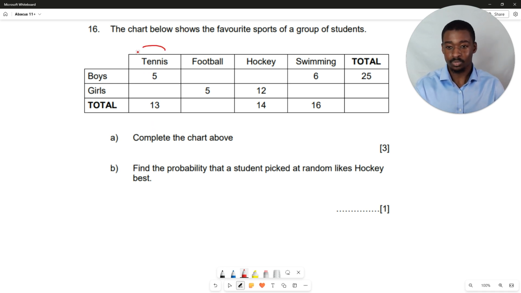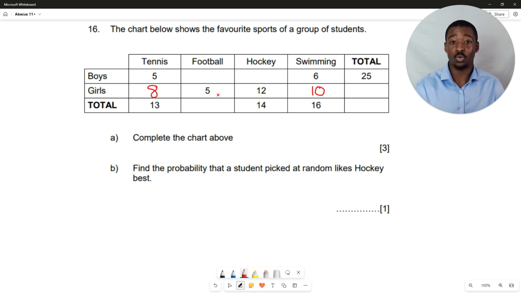We know that for tennis, it's the favorite sport for 5 boys, and overall, it's 13 students' favorite sport. And therefore, it has to be the favorite sport for 8 girls. Same thing for swimming. This has to be 10 because 6 plus something equals 16.